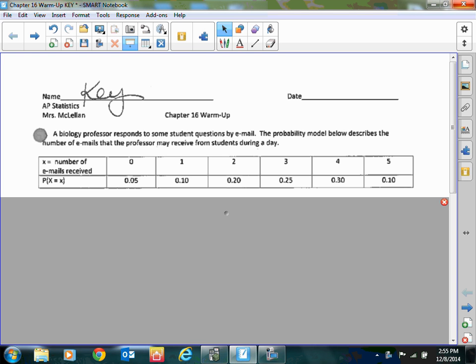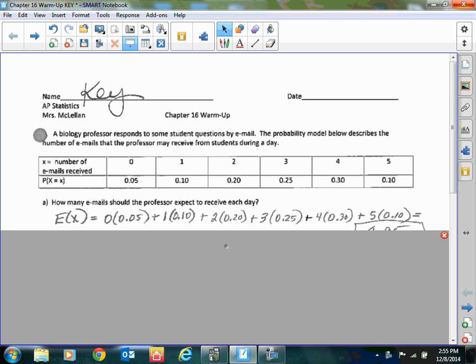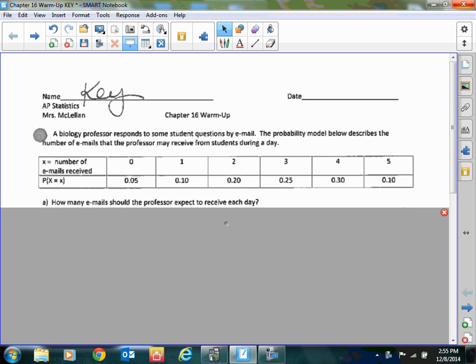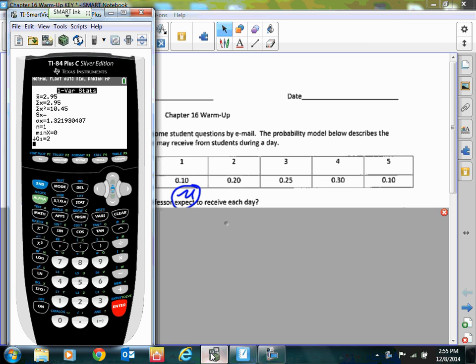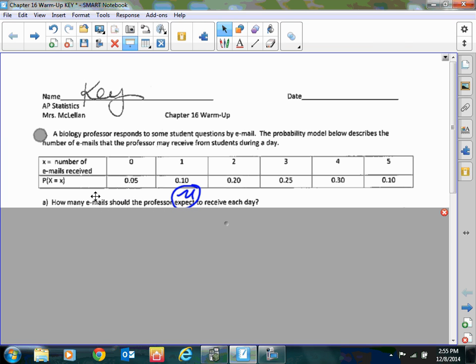So, for the first question, where it says how many emails should the professor expect to receive each day, that is the mean. What you expect is the mean. So I put that in my calculator into Stat Edit. I put the number of emails into list 1, and then I put the probability of those events happening, or the frequency, into list 2.